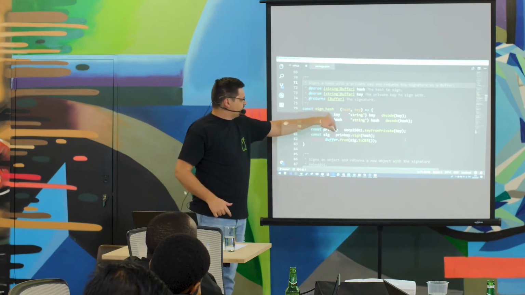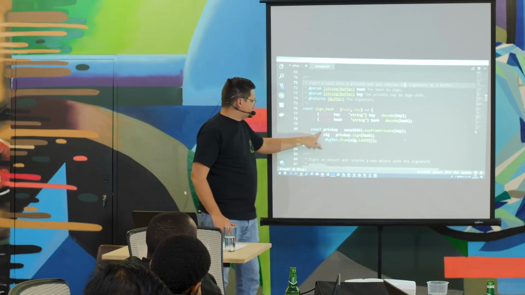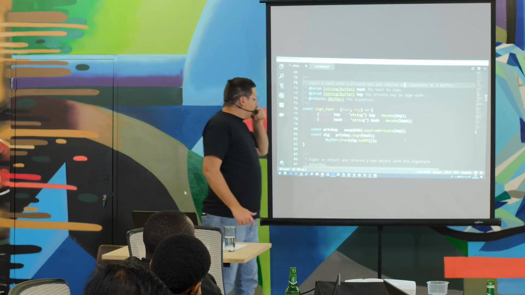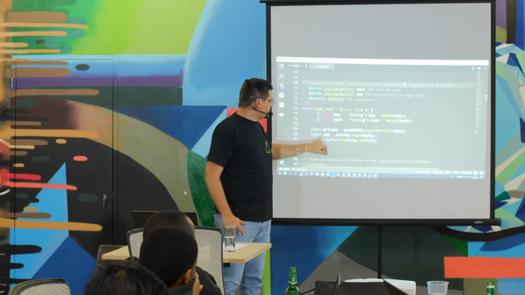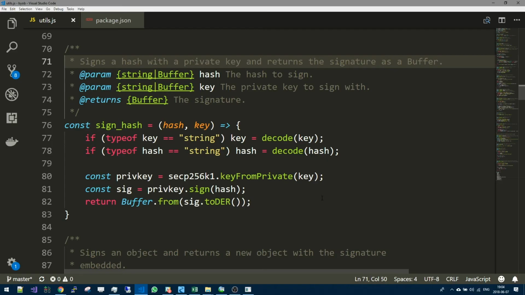And so this function is for that purpose. It does the actual signature. It gets the private key, it signs, and you pass the hash value to the signing function. It gives you the signature, and it returns the signature as a buffer.